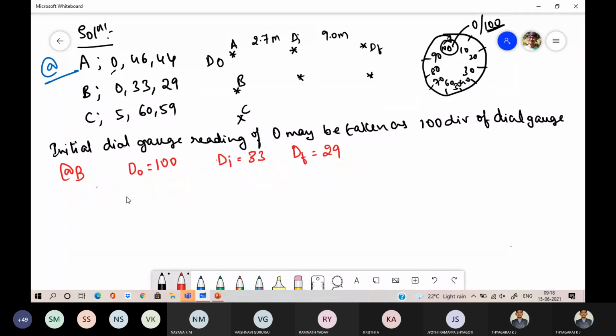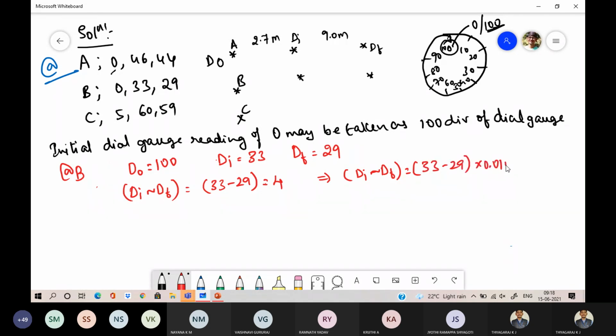How are we going to check the leg correction? DI minus DF. Is it correct? DI minus DF, 33 minus 29. How much are you going to get? 4, which implies DI minus DF is equal to 4 into 0.01 mm.